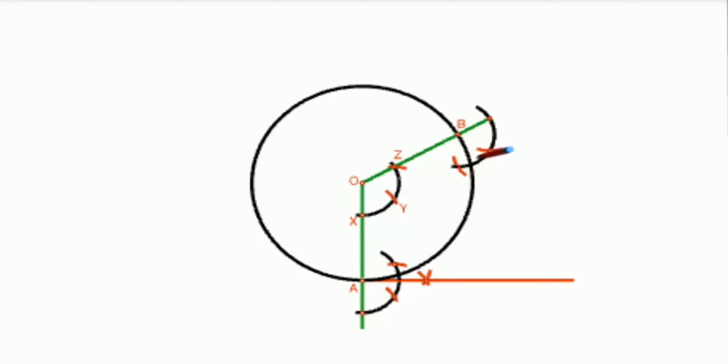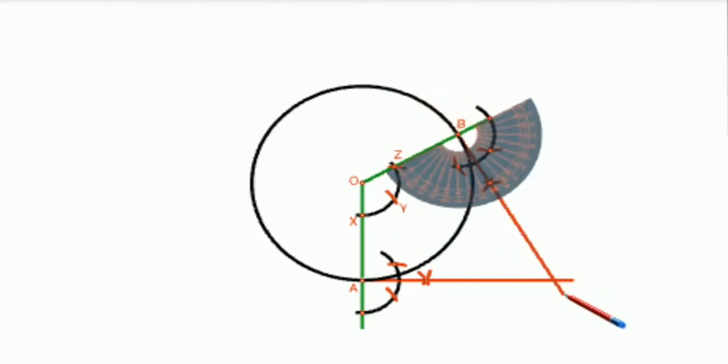Now observe properly. From one red color arc, we have made another red color arc. Now see, from this one, we cut the previous arc and we made the intersection point of both the arcs. And then we have made another tangent from point B.